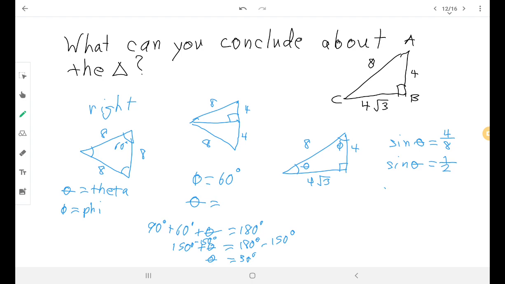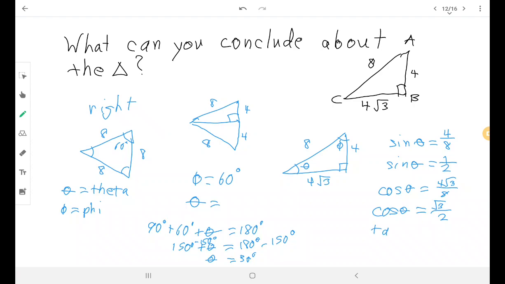You could say that the cosine of theta is the adjacent over the hypotenuse, which is 4 times the square root of 3 over 8, which reduces to square root of 3 over 2.